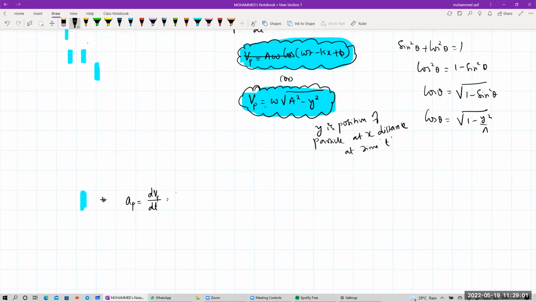So differentiate the velocity. If I substitute the velocity here, we directly get the relation: A ω, and what will be the acceleration?